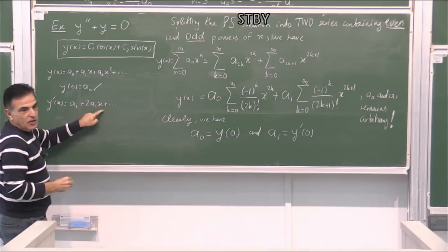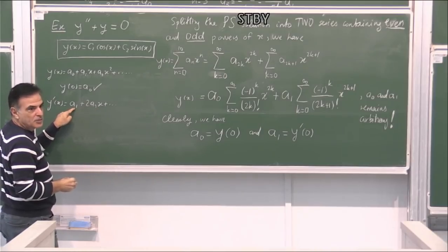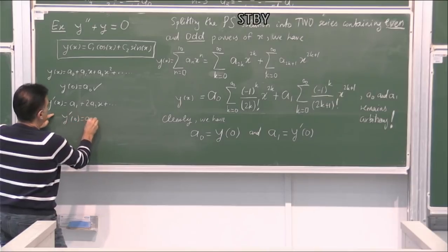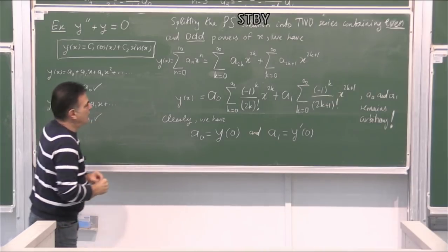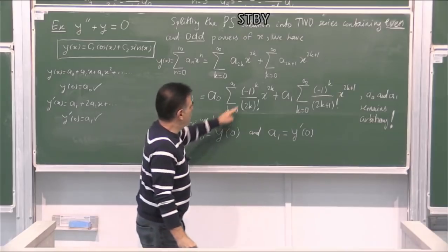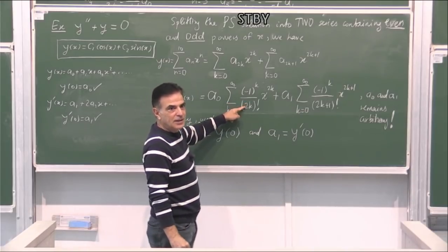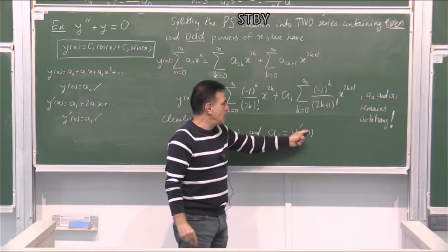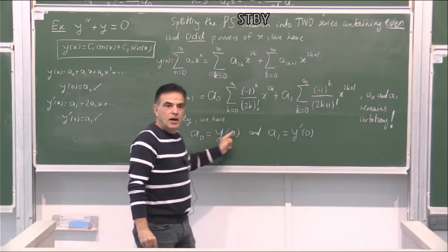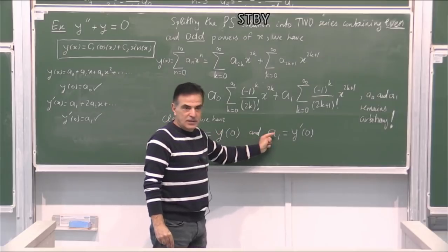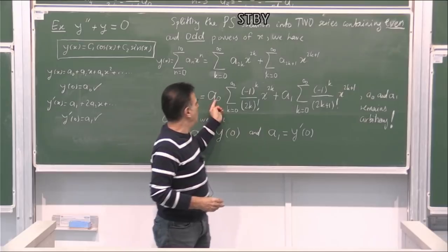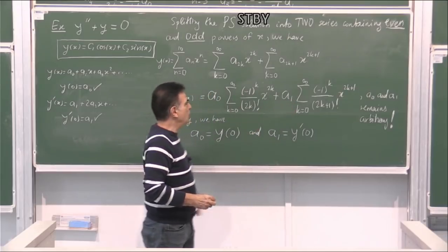So every term except the first one becomes 0 when x is 0. So y prime of 0 is a1. Okay. So if we had an initial value problem, where y of 0 and y prime of 0 are both given, or specified, then we determine a0 and a1 in this general solution.